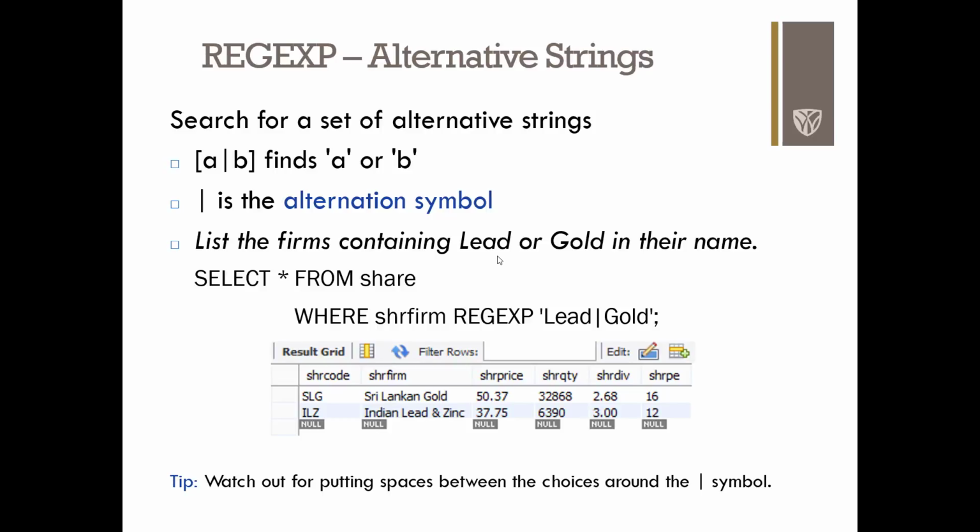So here we have select star from share, where share firm Reg Express, lead, alternation, gold. And as we run that query, you can see we find both Sri Lankan gold and Indian lead and zinc. One tip about using the alternation symbol is be careful about leaving spaces around the symbol. You may not want those. It may not give you the result that you're looking for if you include them.